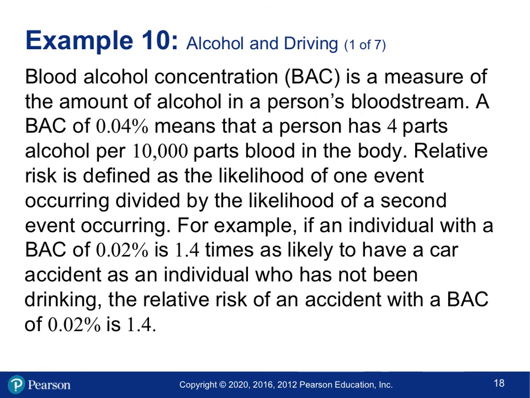For example, an individual with a blood alcohol concentration of 0.02% is 1.4 times as likely to have a car accident as an individual who has not been drinking. Wow. The relative risk of an accident with a blood alcohol content of 0.02% is 1.4.